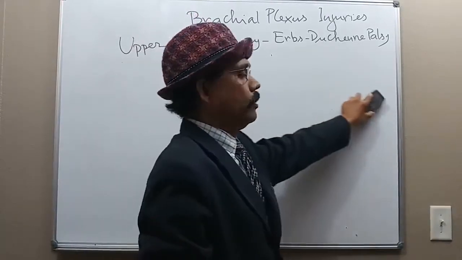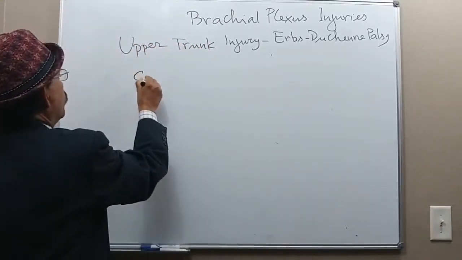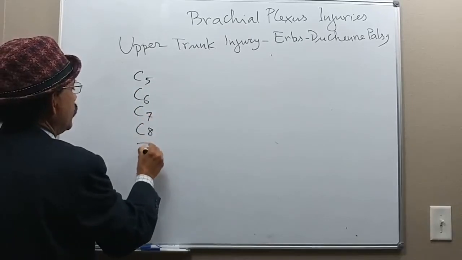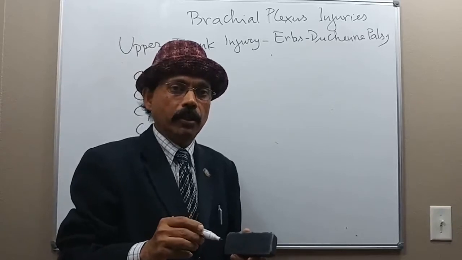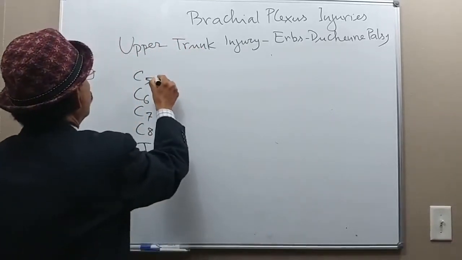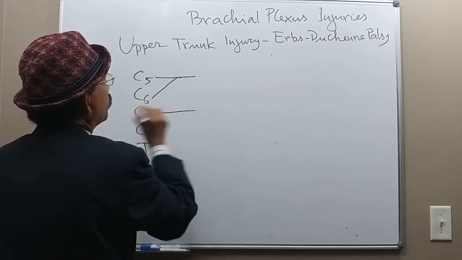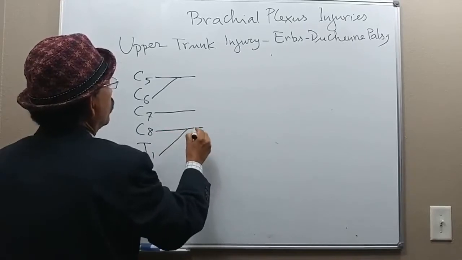We know that the brachial plexus is formed by C5, C6, C7, C8 and T1 ventral rami of the spinal nerve. C5, C6 together form the upper trunk, C7 forms the middle trunk, C8, T1 form the lower trunk.